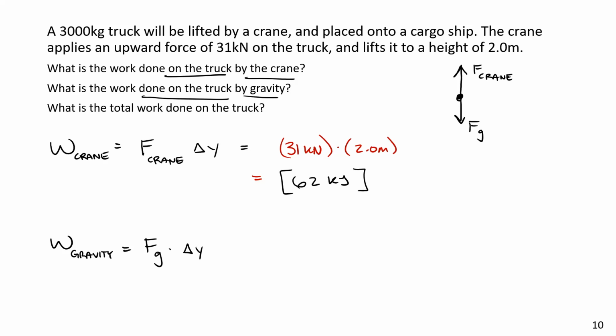Now we're not given a force of the truck, we're given the mass of the truck. So that means we have to do just a little bit of extra work. That's perfectly fine. Because F sub g becomes mass times acceleration.